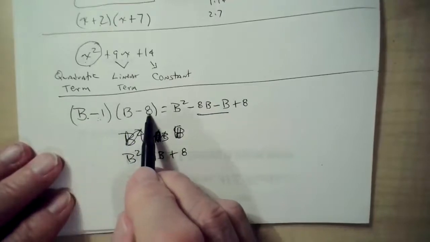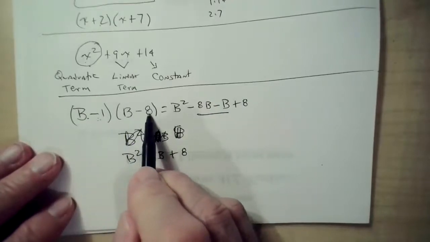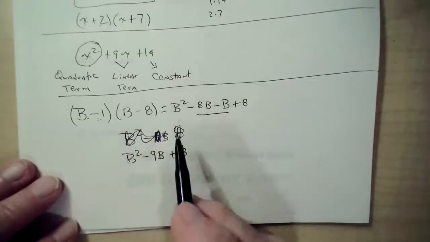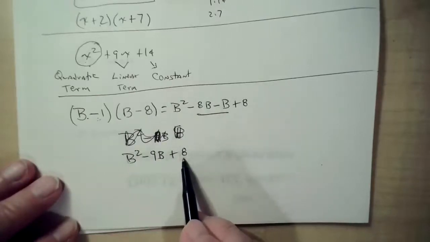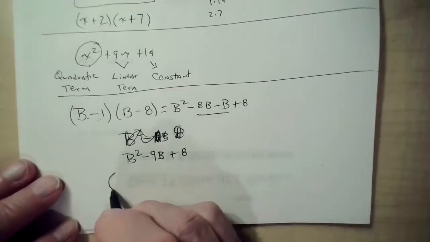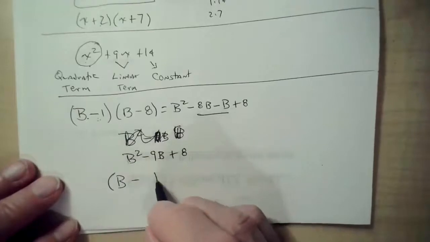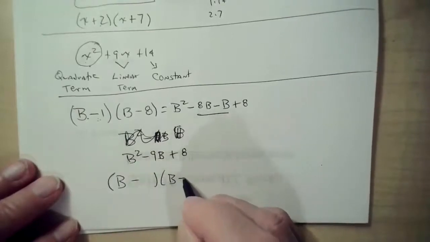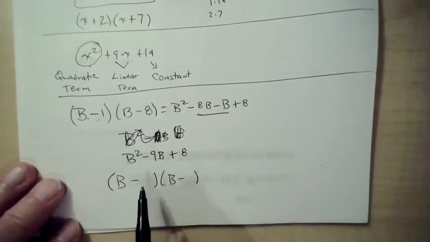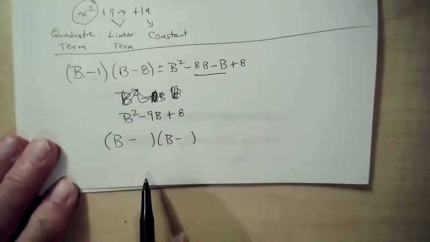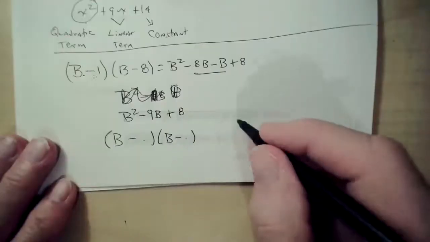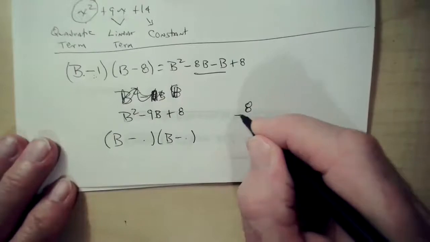Now look, what did we have here? What are our factors? Both of the linear terms, both of the constants are negative. And if both of these are negative, the constant will end up being positive, right? So it's going to be B minus some number and B minus some number, because the last thing we do in the distributive property is this number times this number.